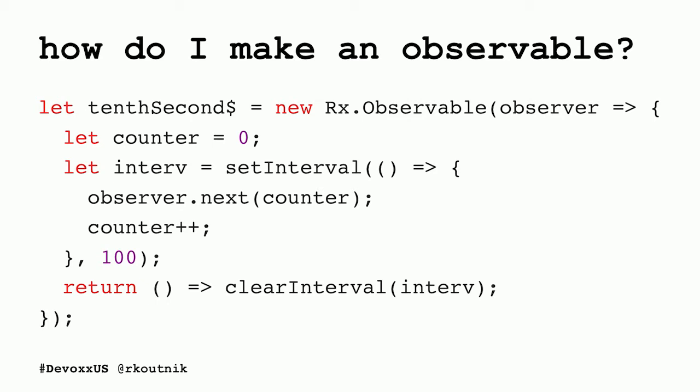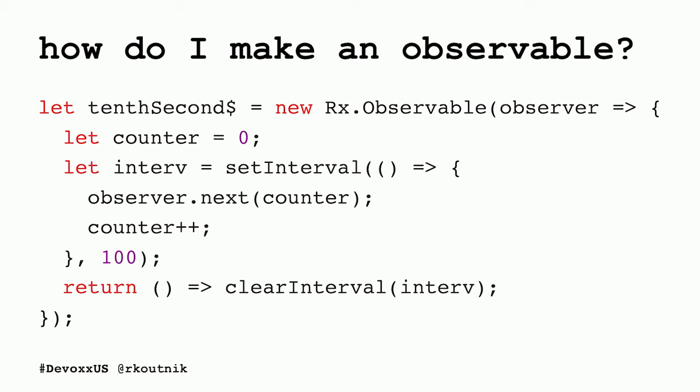And when that person unsubscribes, says, I'm done, I don't care anymore about what you've got for me, the observable will run this final function and clean up after itself. So what that means is the actual consumer of the observable does not need to worry about memory leaks or extra CPU cycles behind the scenes or all sorts of really fun things that result in people calling you at 3 in the morning saying, the app is broken. You don't need to worry about that anymore.